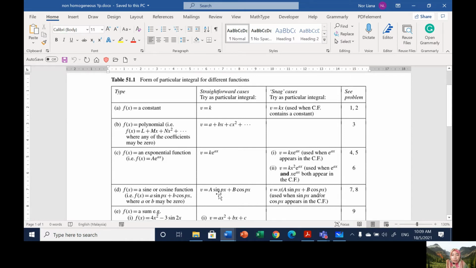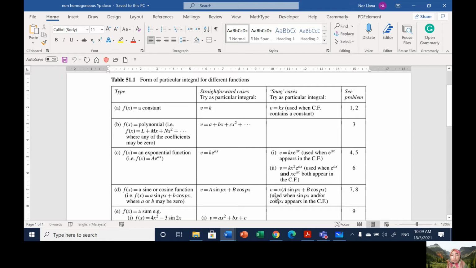We have these two different cases: whether we have straightforward or basic cases, or we have a special case, or we call it snake cases.